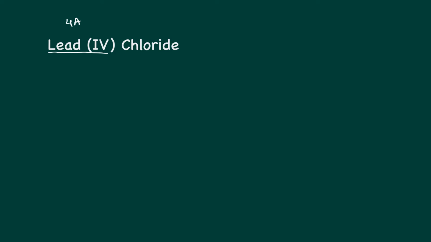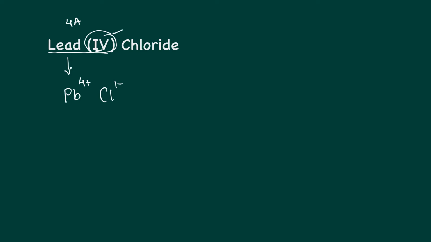Lead also does not have a fixed oxidation number, which is fine because this Roman numeral tells us the positive charge on lead. So lead is Pb. This right here means there's 4 positive. Chloride, we know, comes from chlorine, which is 1 negative.